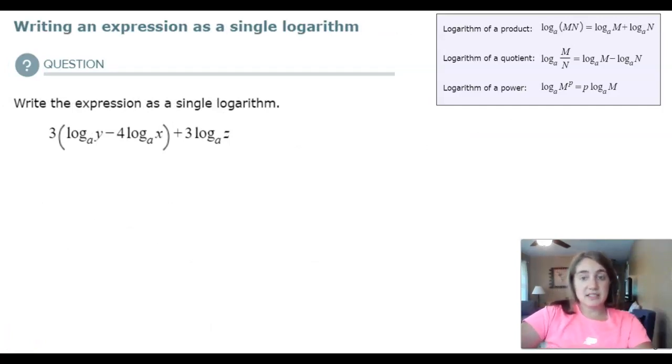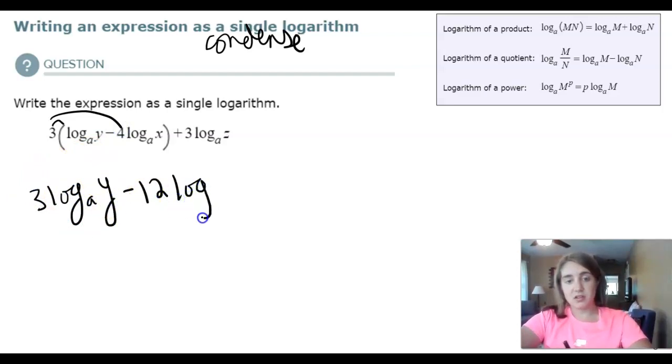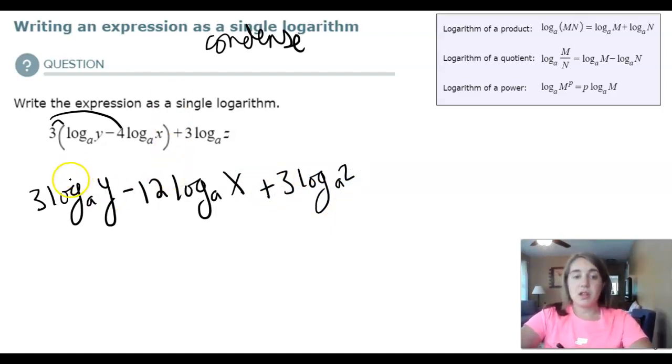So this is asking us to write the expression as a single logarithm. In other words, we want to condense. So we've been doing expanding ones, now we want to do condensing ones. So I'm going to distribute this 3. And I'm going to apply the power rule first.